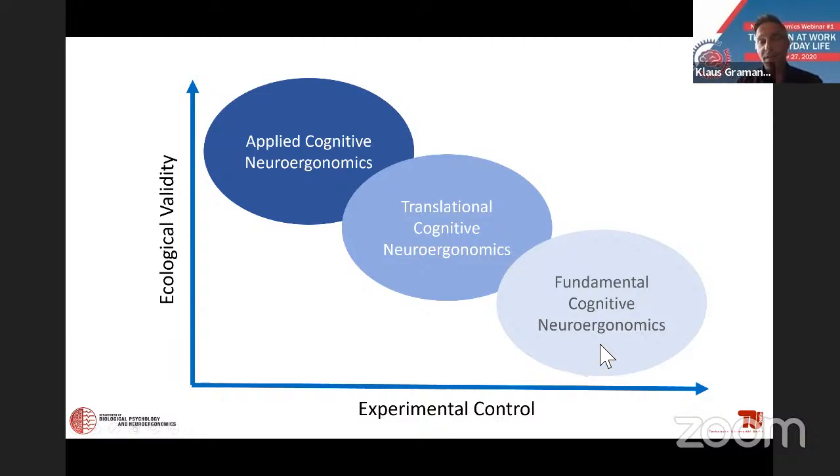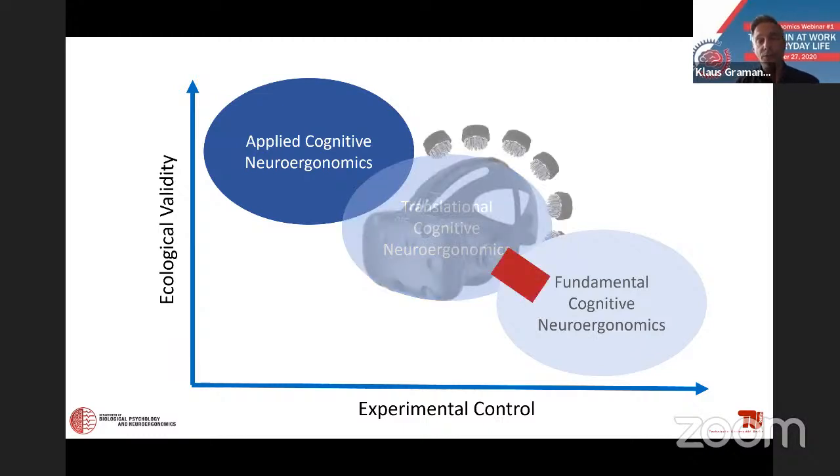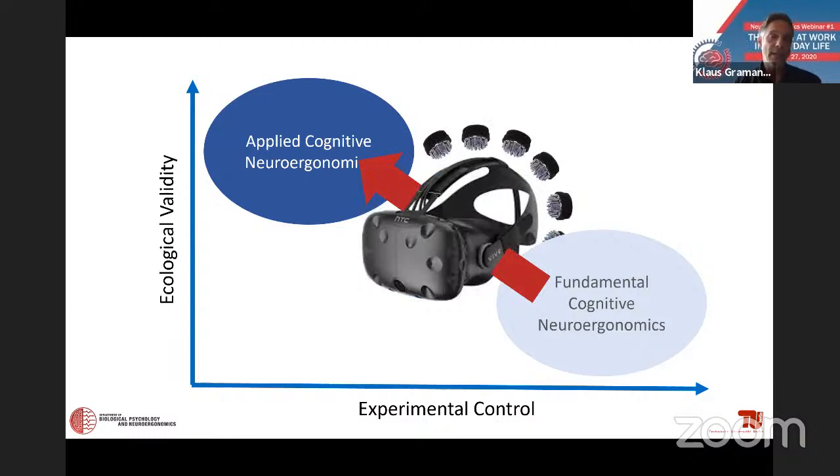That is then reduced: control is less and less, and internal validity is reduced when it comes to translational cognitive neuroergonomics, and then in the end applied cognitive neuroergonomics. At the same time, the ecological validity increases significantly. And we as a group identified virtual reality and new mobile brain body imaging technologies to bridge these gaps.